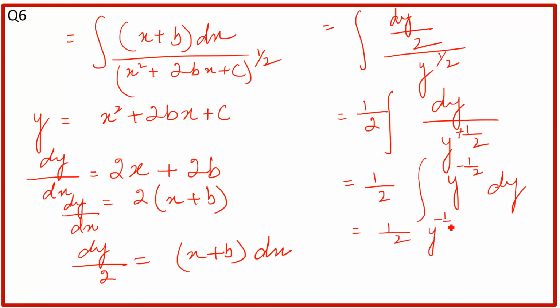We will use the formula: you have to add 1 to the power, and then you have to divide by the new power. It is equal to 1 over 2 multiplied by y raised to power 1 over 2, divided by 1 over 2, plus c. So this 1 over 2 will cancel 1 over 2. Remaining we have y raised to power 1 over 2 plus c.